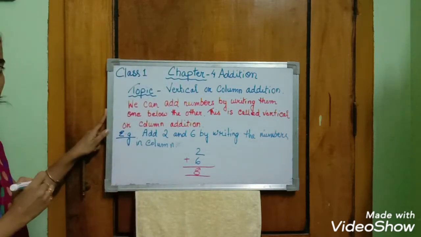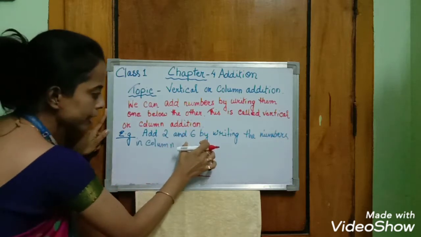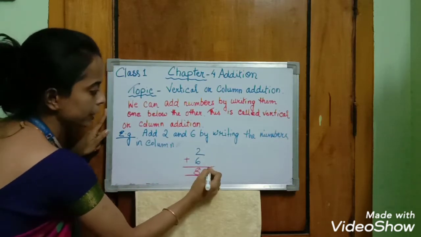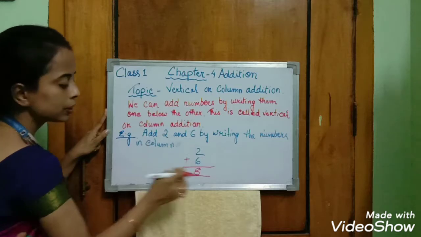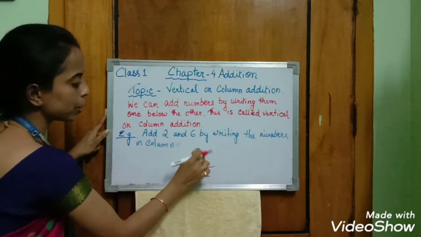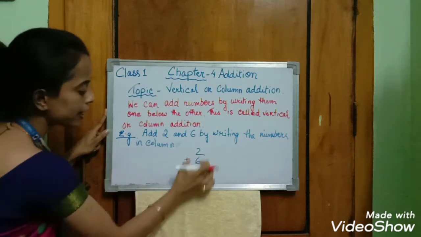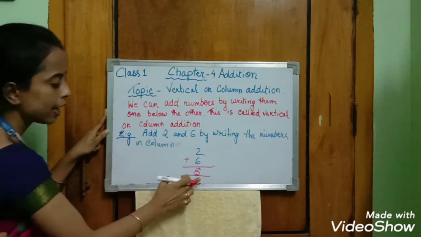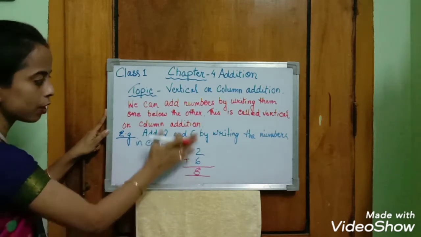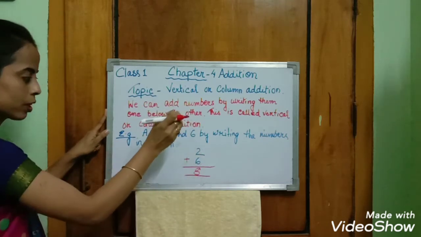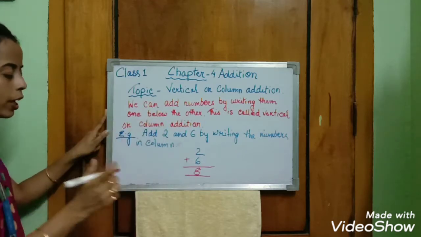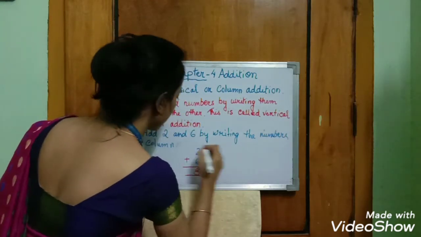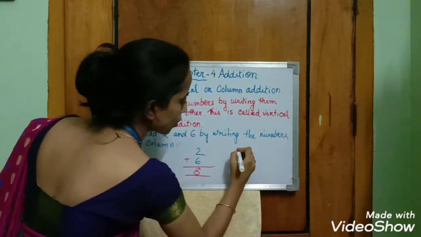Clear, children? You are writing in this way, we call it column addition. We add numbers by writing them one below the other. See here, I have written 6 below 2. Then I add it up using the plus symbol and the answer is 8. This is the single digit addition by writing in column. One more example, let's take. Add 4 and 4.